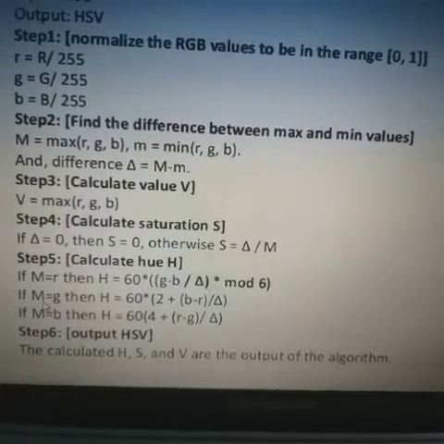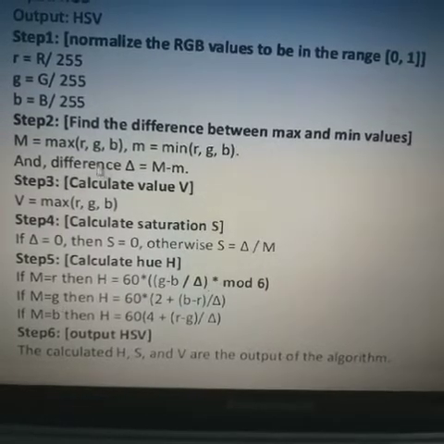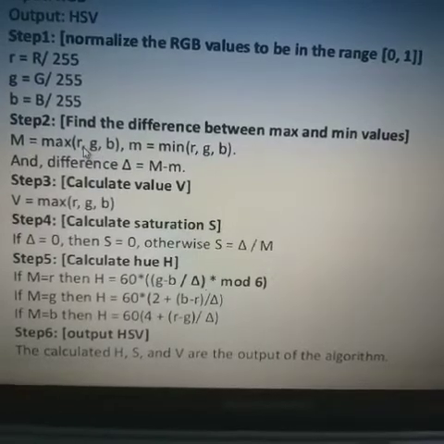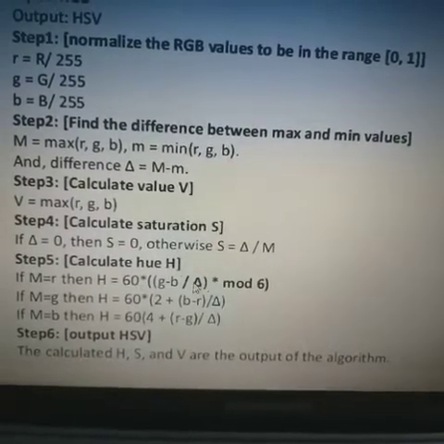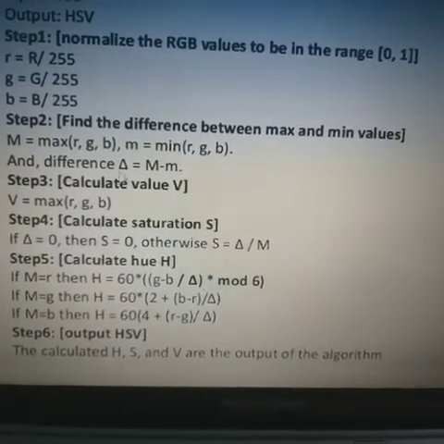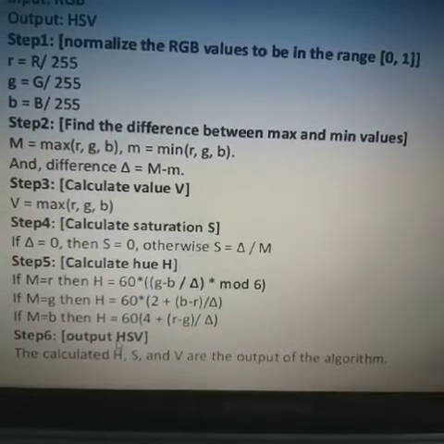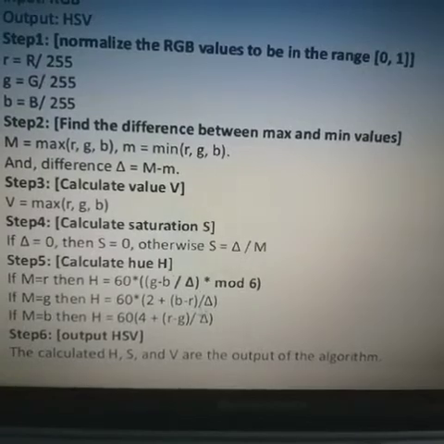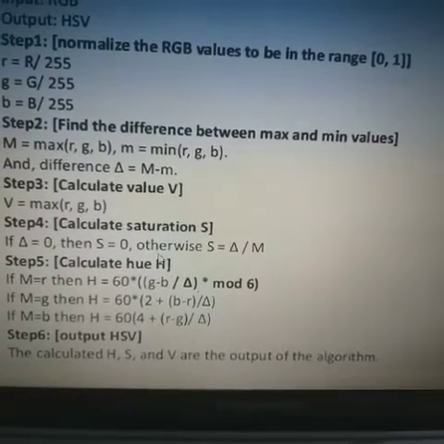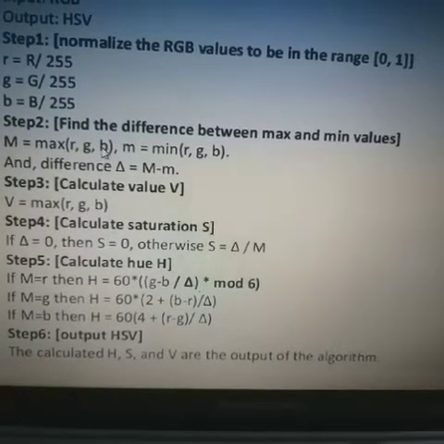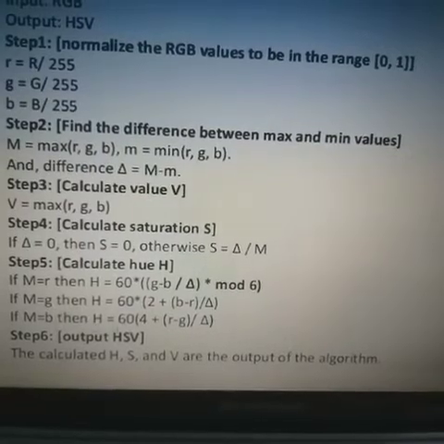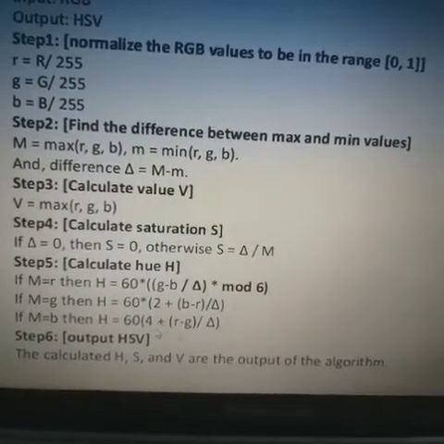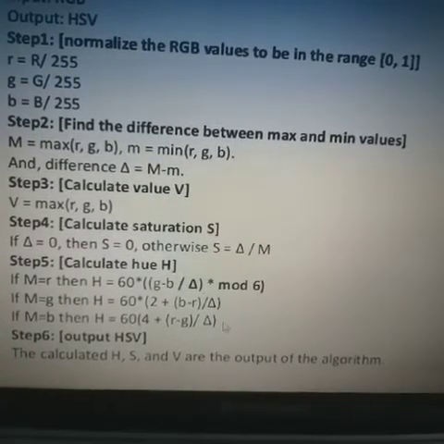If the maximum value is equal to G, then this formula is used for the hue: 60 into (2 plus (B minus R) divided by the difference). If the B value is the maximum, then the hue can be calculated by 60 into (4 plus (R minus G) divided by the difference).